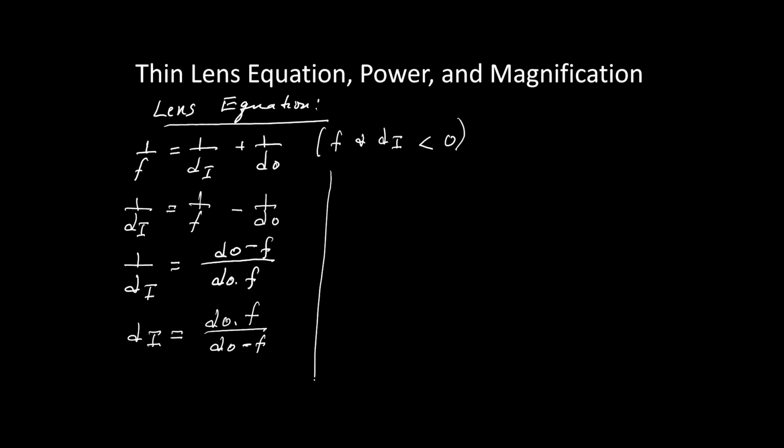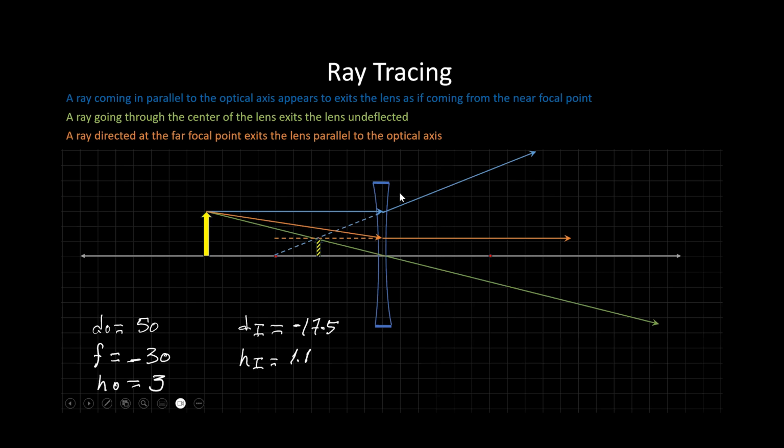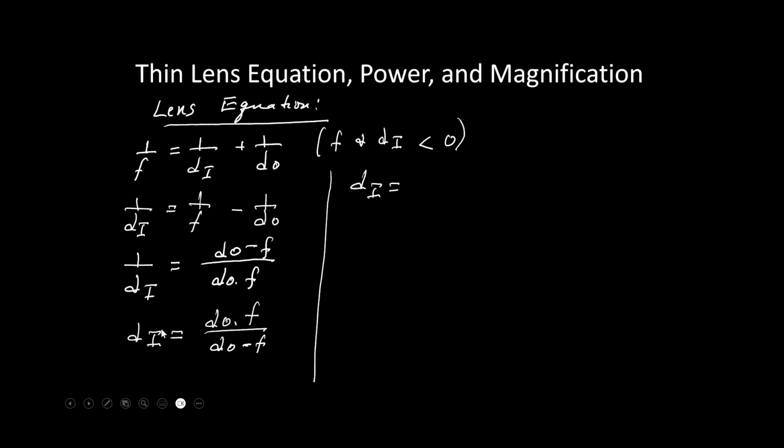Let's plug some numbers in here. do was 50, f was negative 30. So here's 50 times negative 30 over 50 minus negative 30.